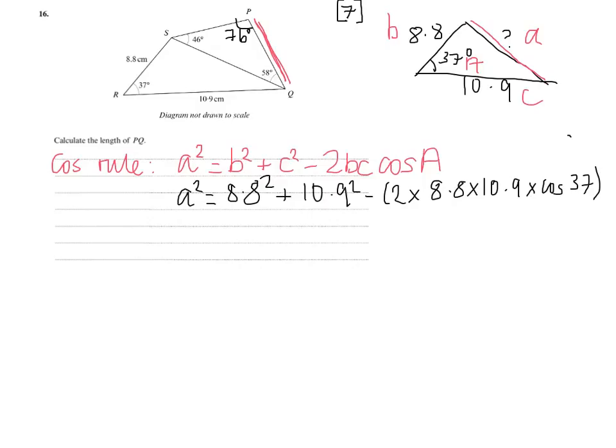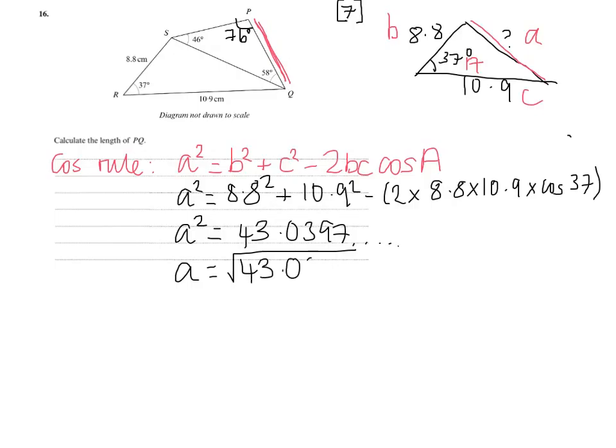If I work the right hand side out on my calculator, I get a squared equals 43.0397, etc. That's stored on your calculator. Then we square root both sides, which gives you a value of, rounded to 2 decimal places, 6.56 centimetres.